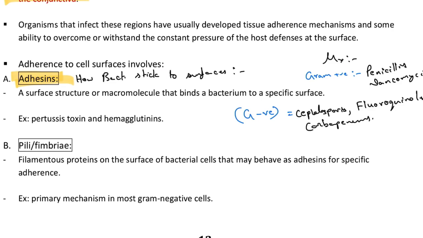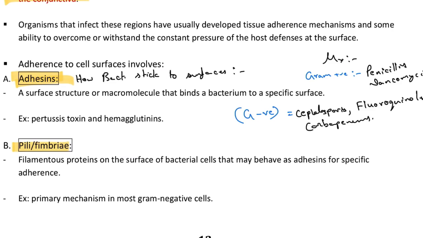Next we can see pili and fimbriae. Pili and fimbriae are hair-like protein structures in Gram-negative bacteria. Before this video I made a video about bacterial structures in microbiology from the First Aid guide. If you didn't watch that video, go and watch it, then you will get a little deeper knowledge about bacterial structures, because I already covered every basic about bacterial structure.